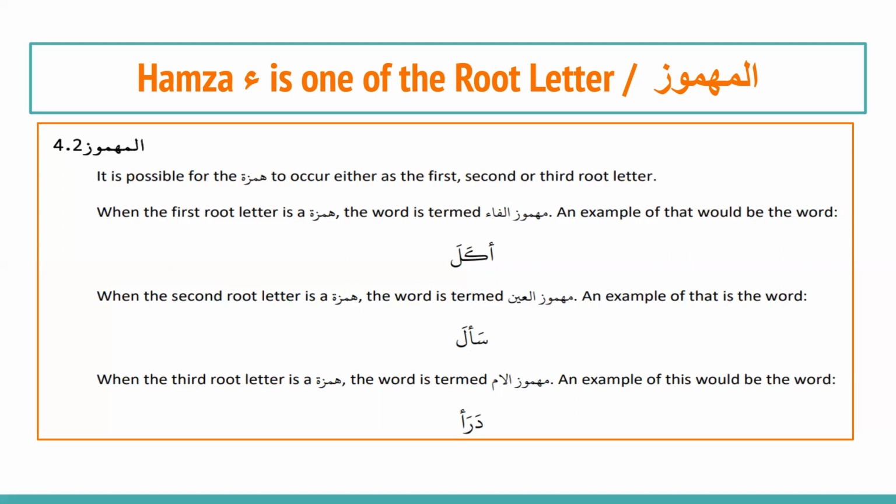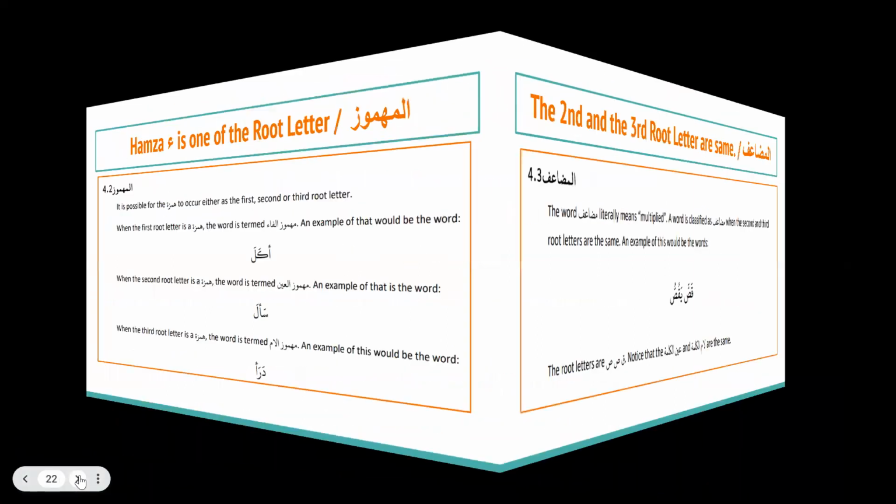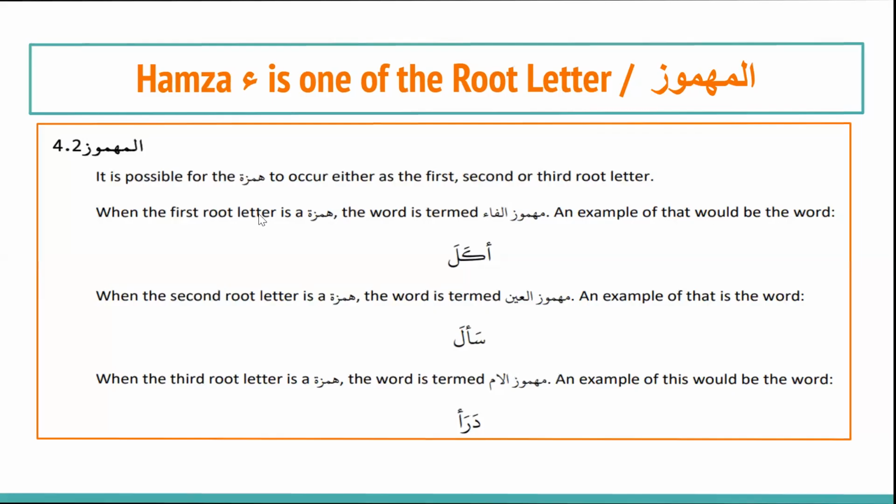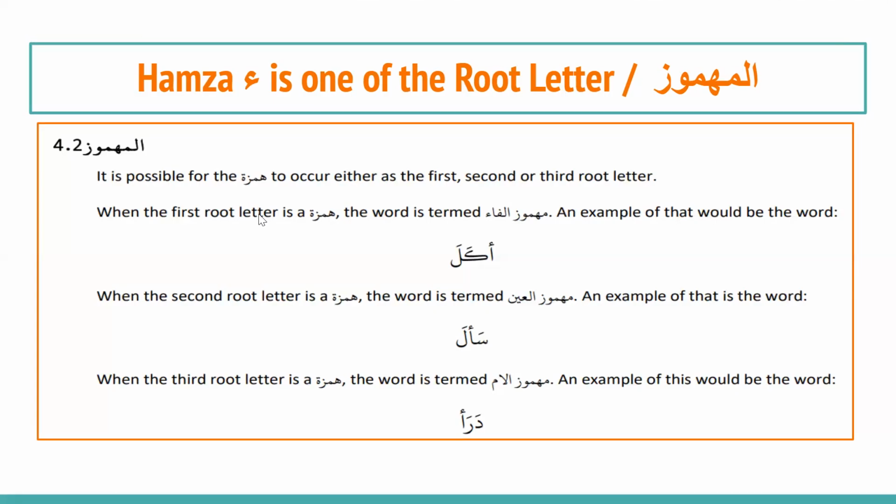The third possibility is that the lam kalma, or third root letter, is hamza, and that is called mahmoozul lam. The example of this is dara'a. So in this slide we learned the first type of irregularity, which is mahmooz, and there can be mahmoozul fa, mahmoozul ain, or mahmoozul lam.